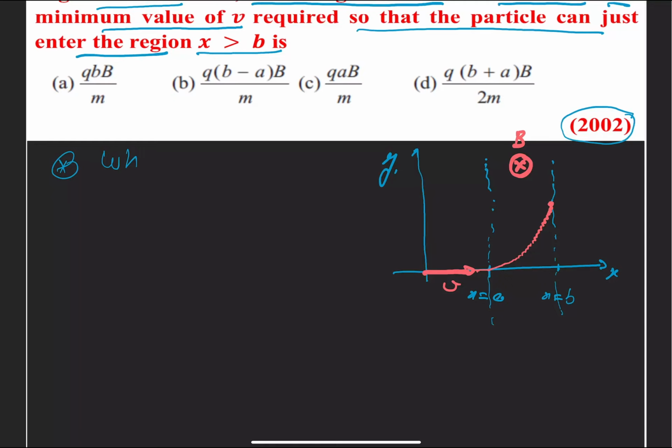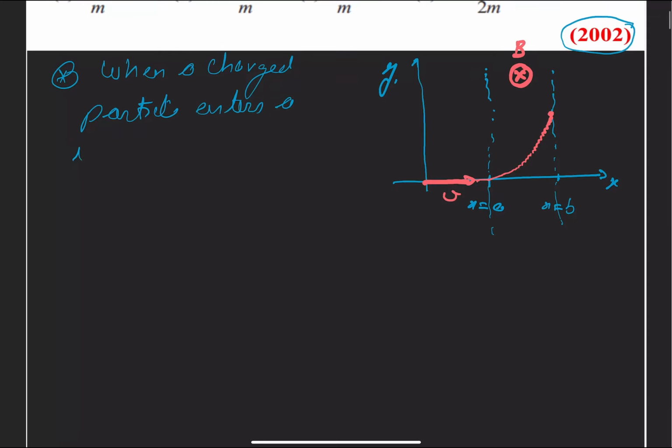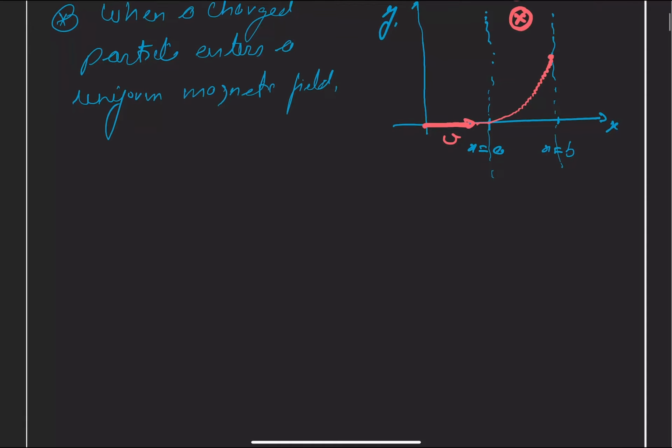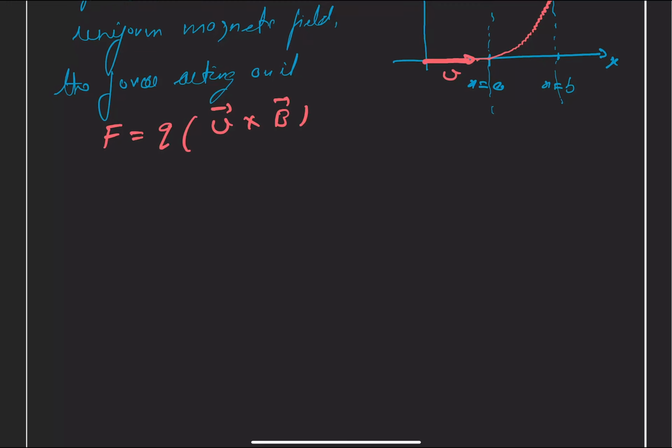When a charged particle enters a uniform magnetic field, the force acting on it can be written as F equal to q v cross B, and the velocity is perpendicular to the magnetic field.